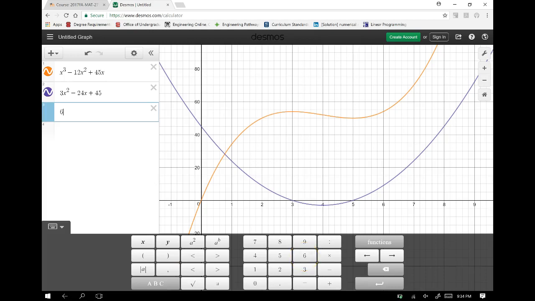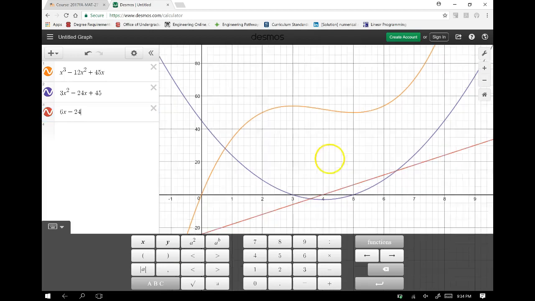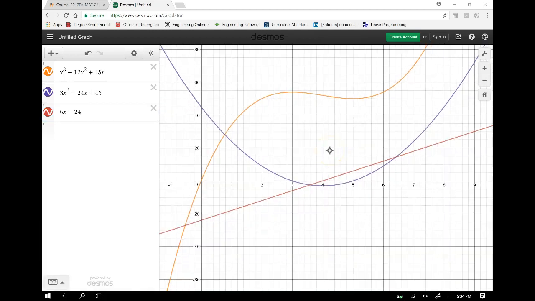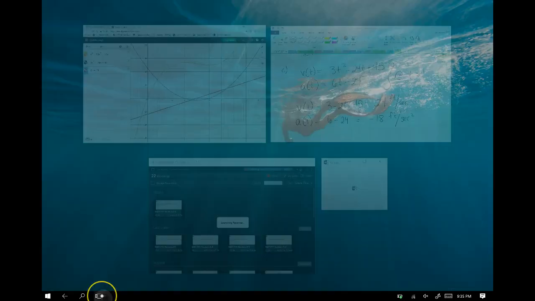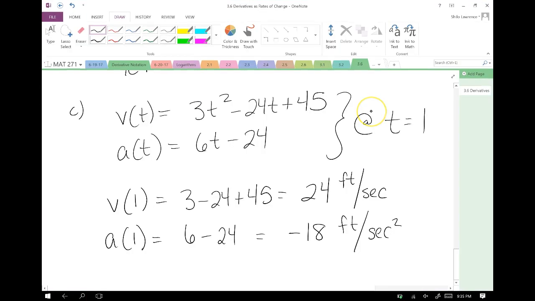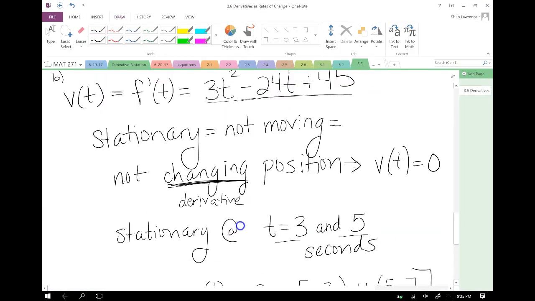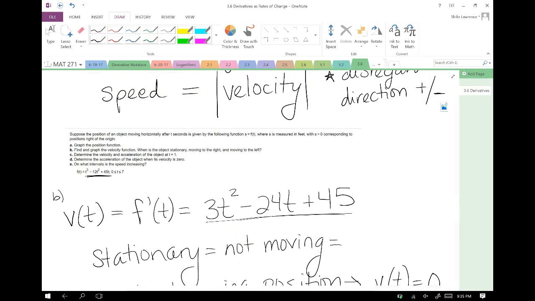The next derivative is really easy to find. It's just 6x minus 24, we said. And if we wanted to know what was happening at 1, we can just go down and touch it with our mouse, and it's negative 18, it says. So we got those right. So we've got velocity and acceleration at time 1.